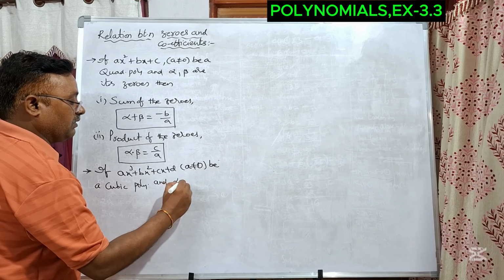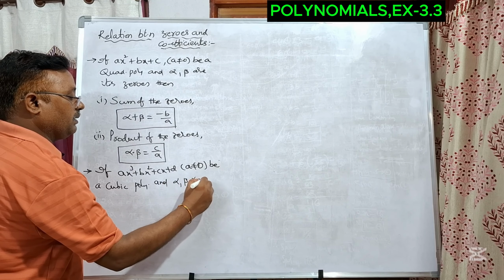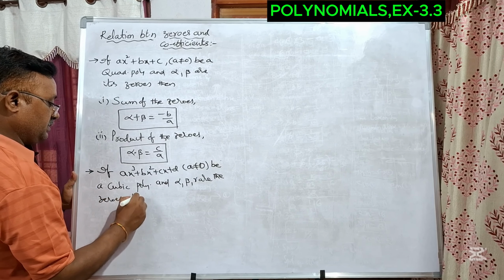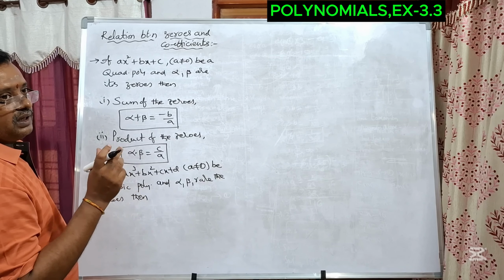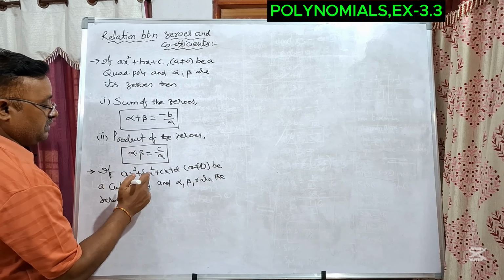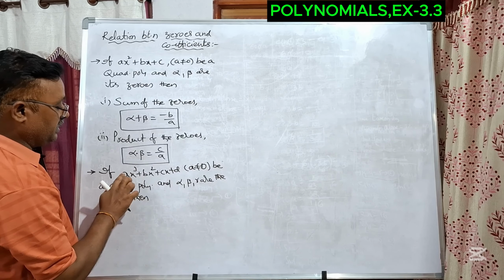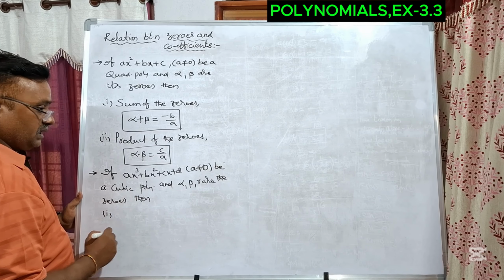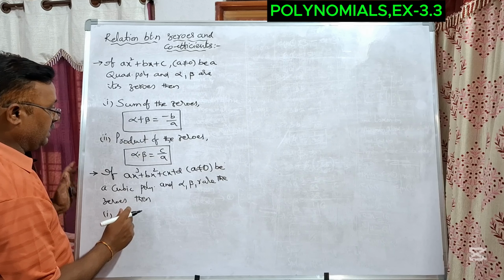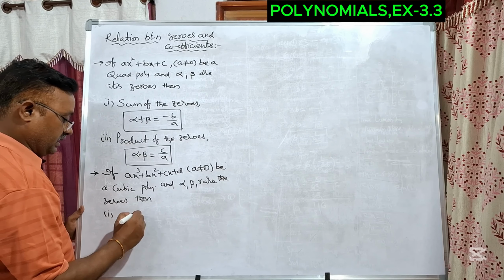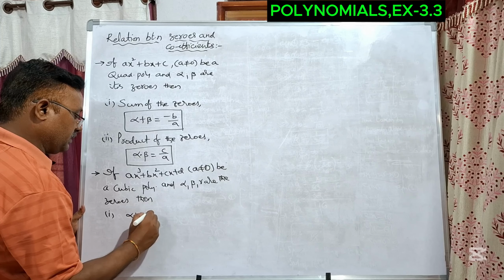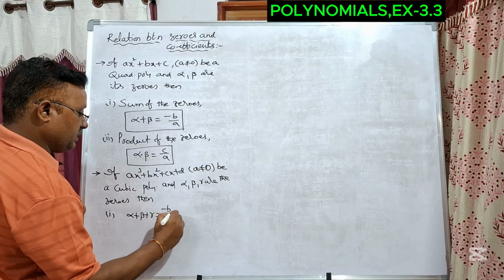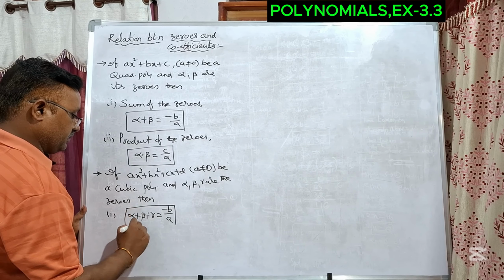And if alpha comma beta comma gamma are the zeros, then we have a relation between these zeros and these coefficients, alpha beta gamma zeros, a b c d coefficients. First relation is the sum of the zeros: alpha plus beta plus gamma is equal to minus b by a, that is the first formula.